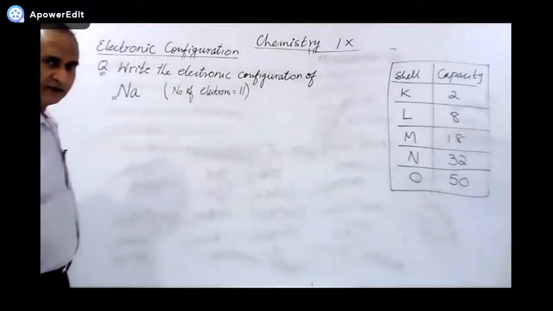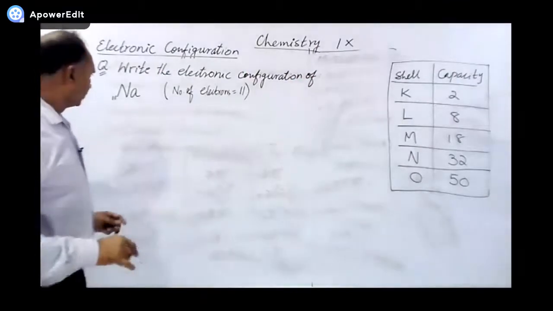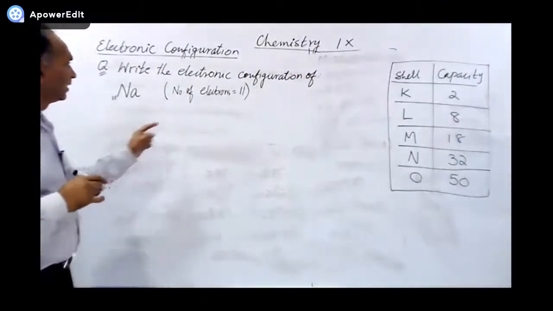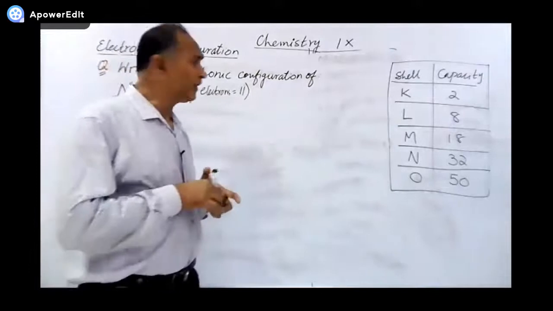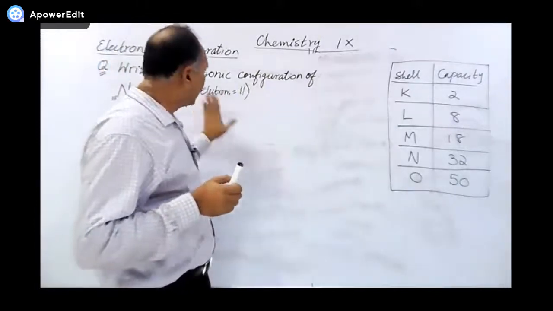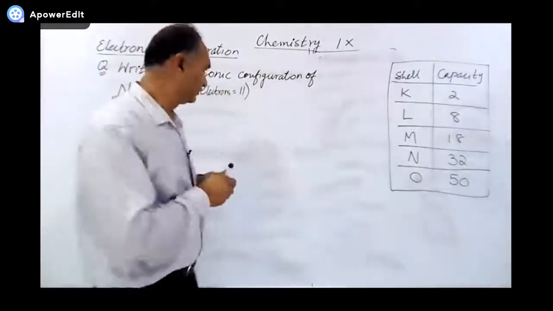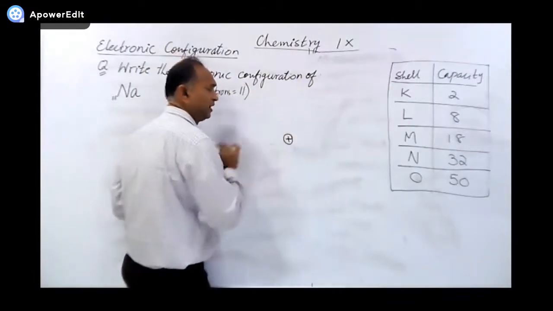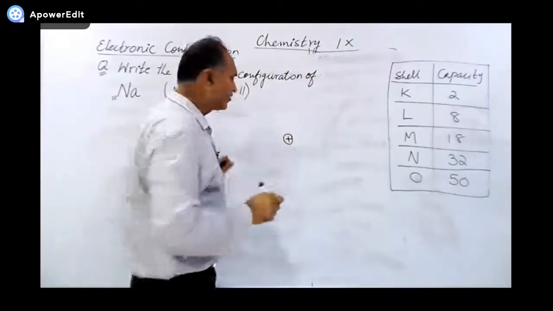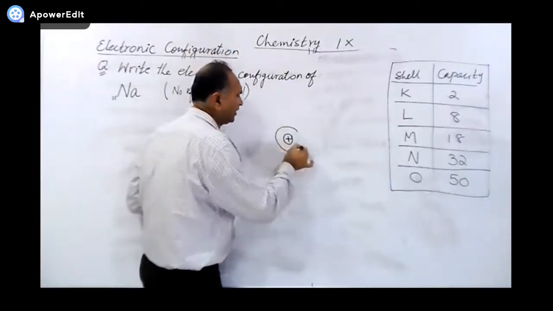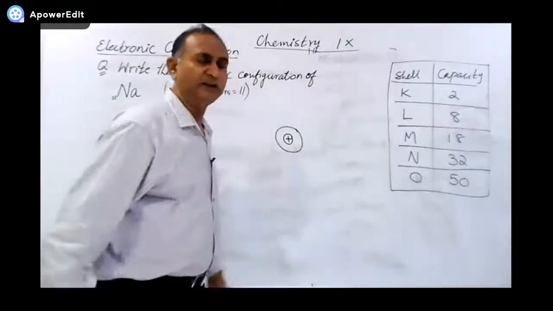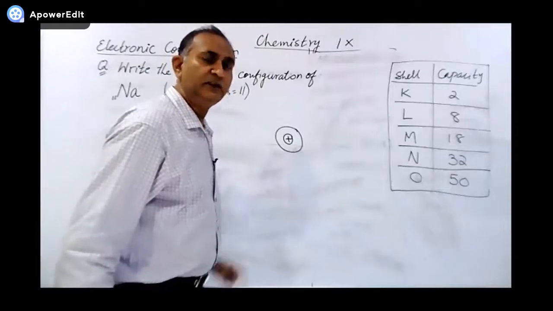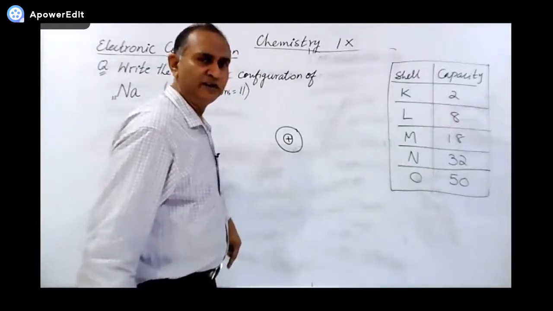Okay? So, out of 11 electrons, now we are arranging these electrons in different shells. See, nucleus. Out of 11 electrons, how many could accommodate in the first one? In the first shell, how many electrons can you accommodate? Just 2.